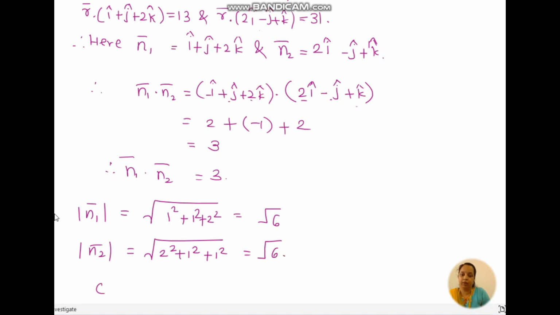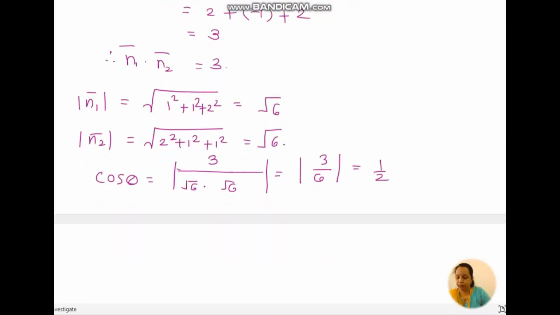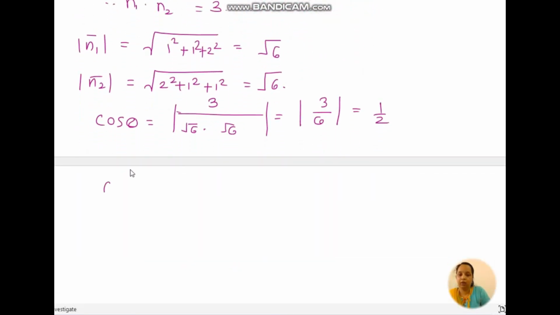Substituting in the formula, we get cos theta is equal to modulus of n1 bar dot n2 bar, which is 3, divided by magnitude of n1 which is root 6 into magnitude of n2 which is root 6, which is equal to modulus of 3 upon 6, which is equal to 1 upon 2. Therefore, we get cos theta is equal to 1 upon 2.